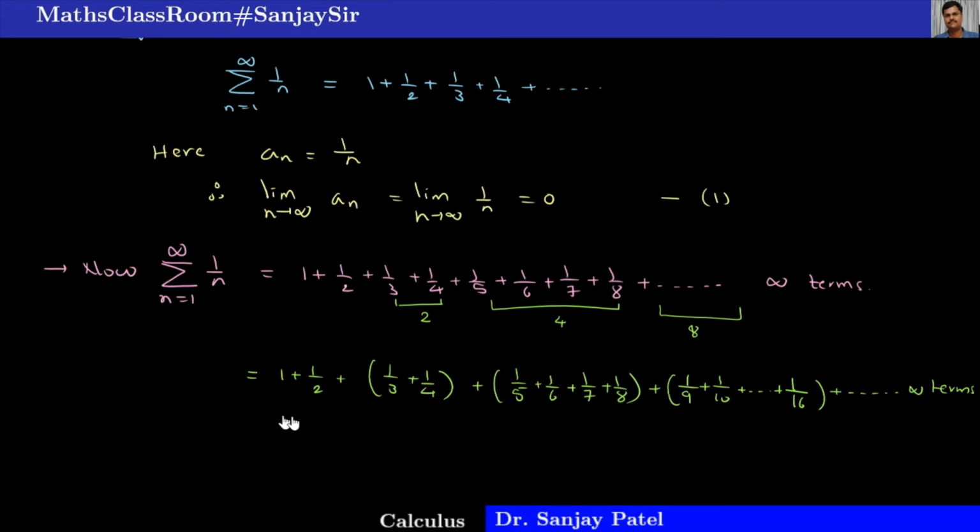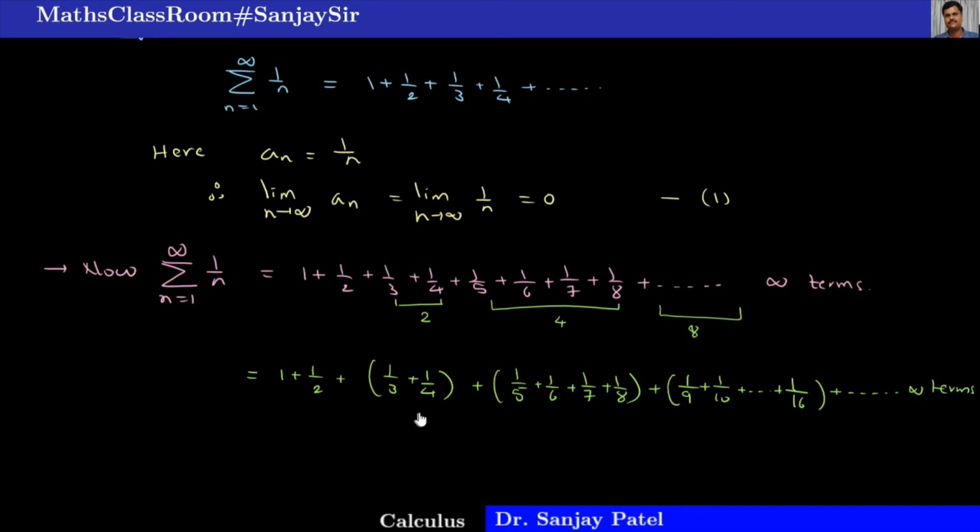Now the main trick here is that we'll show that this sum is greater than some other sum which actually does not exist, or it is infinity. So how to prove that? So note in each bracket, first of all consider this bracket. In this bracket we have two numbers, 1 by 3 and 1 by 4.